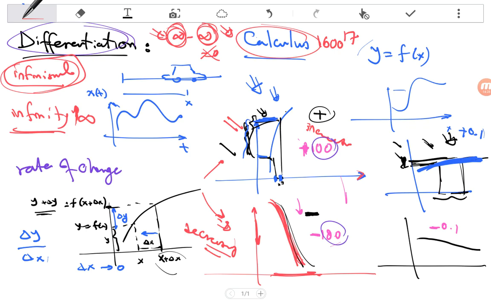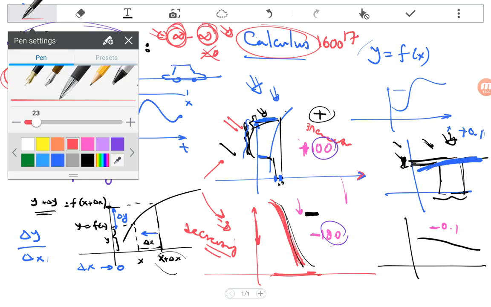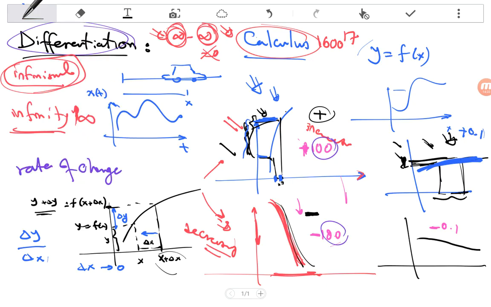What is an infinitesimal? An infinitesimal is a number whose value keeps getting less and less, but never goes to 0. For example, 0.00000 and so on, then 1. But it is never 0.